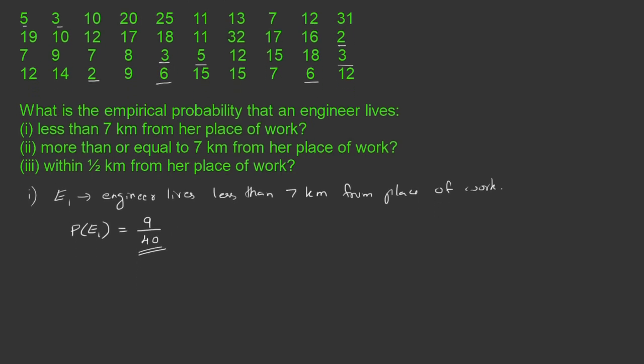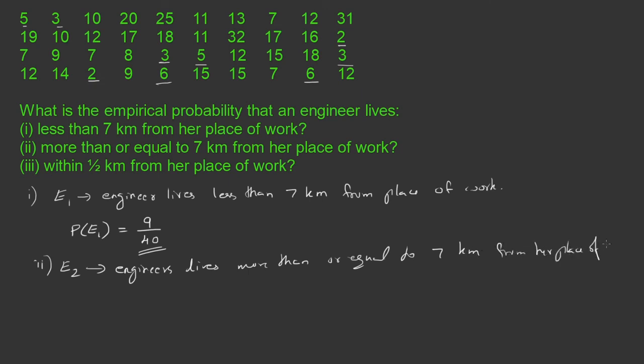Let us do the second question. Question number 2. In this case, the event is engineers who live more than or equal to 7 km from her place of work.